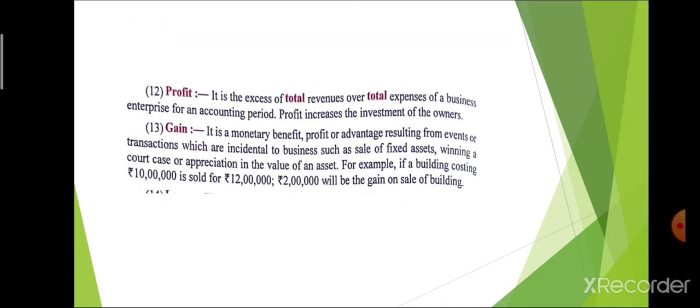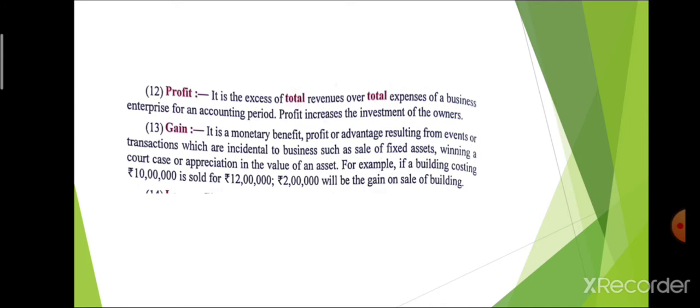The next accounting term is profit. Profit means the difference between total revenue and total expense. If we consider a particular item, that is called income. But if we consider all the items, that is considered as profit.